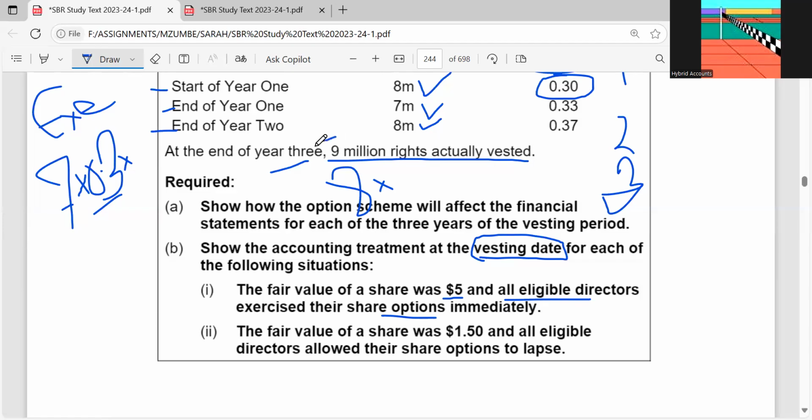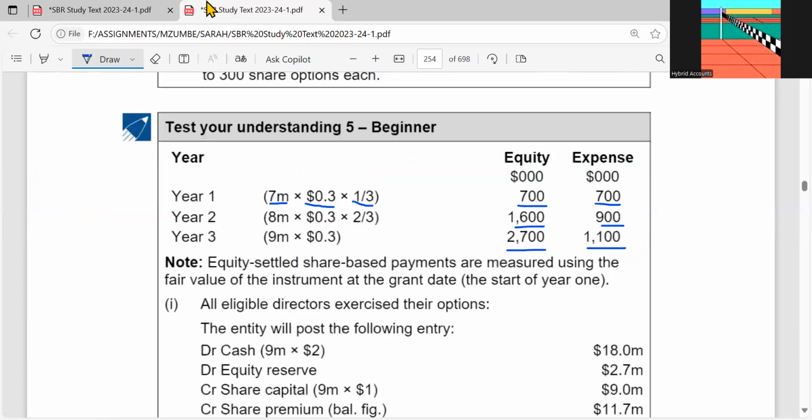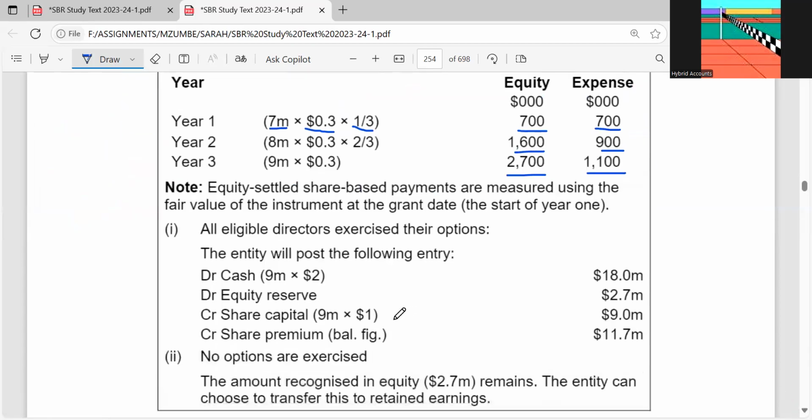So we have 9 million rights, 9 million options, and directors pay for all of them. If you pay for 9 million rights, for each of them $2, how much cash would the company receive?